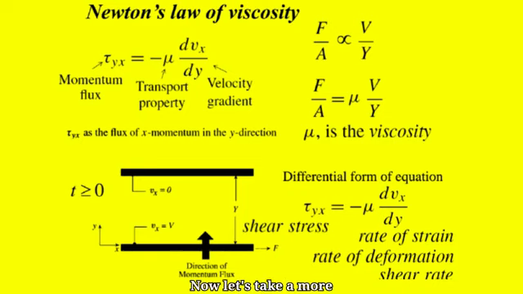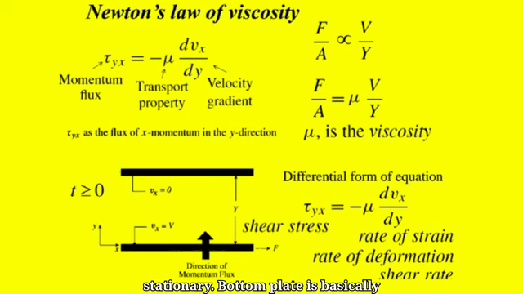Now, let's take a more intuitive approach. Imagine you have two glass plates and there is a layer of honey between them, or any fluid of your own choice. You move the top plate while keeping the bottom one stationary.